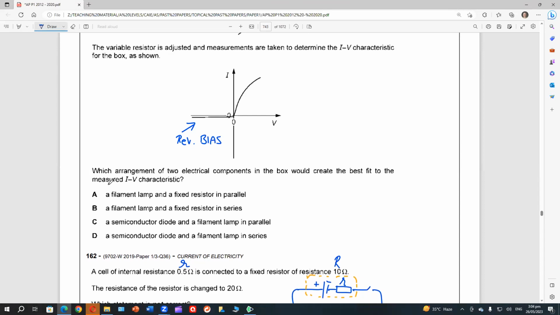So the other side of the sketch graph is bending towards the voltage axis. It means resistance is increasing.